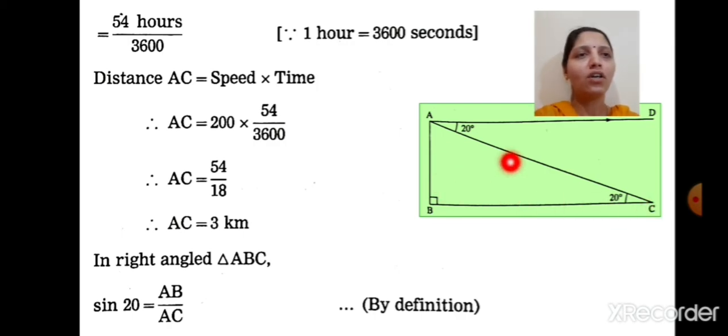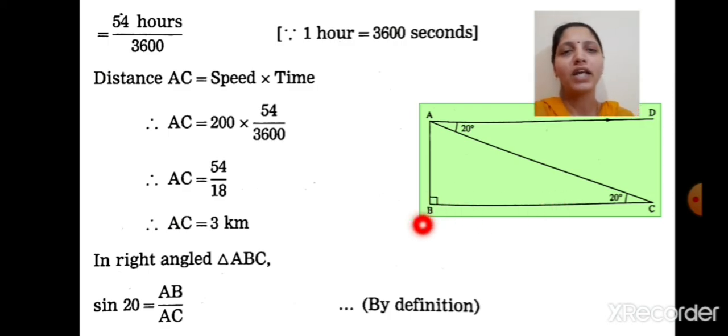Here AC is the hypotenuse of this triangle, and AB is the opposite side, and you want to find the length of AB. So you can use your sin 20 ratio, sin theta ratio. So sin 20 is equal to opposite side of theta upon hypotenuse.